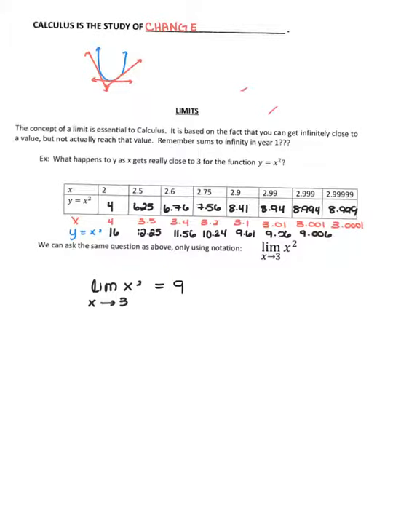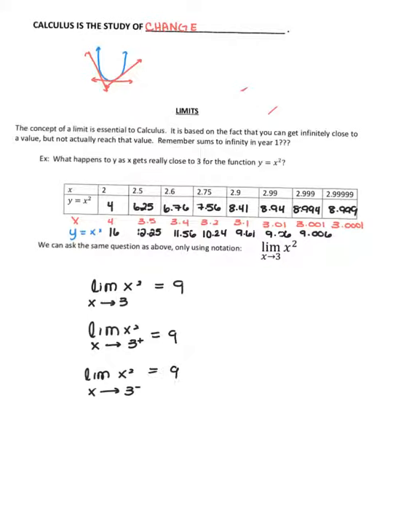It is extremely important that when you're looking at a limit, you are evaluating the limit both from the left side and the right side. And the way we write it is like this. The limit on the left side and the limit on the right side have to be the same.